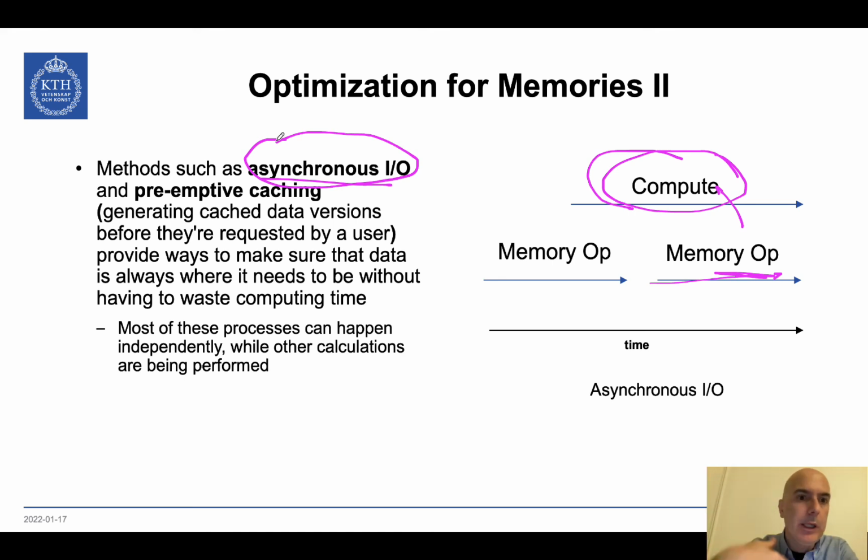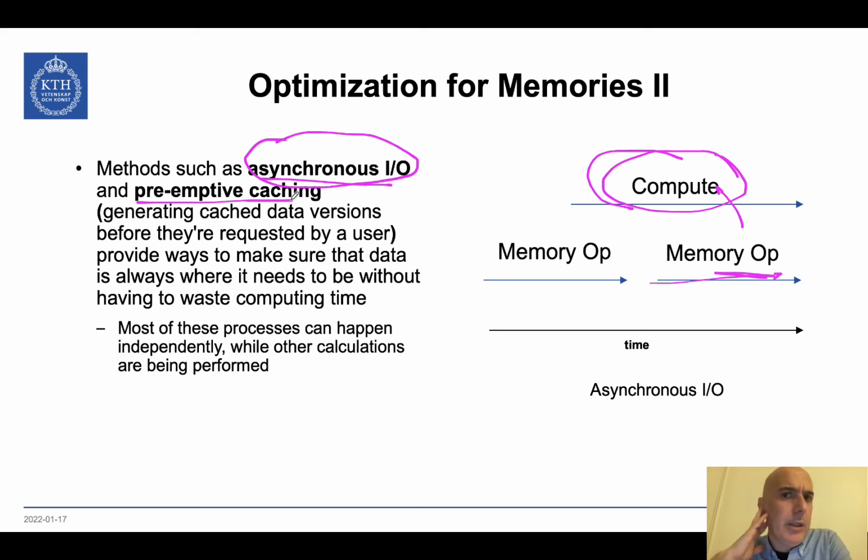at the same time. A second technique is the so-called preemptive caching, that is generating a cached data version before they are requested by a user. We can explicitly create some software cache and fill it before we know that they're being used.